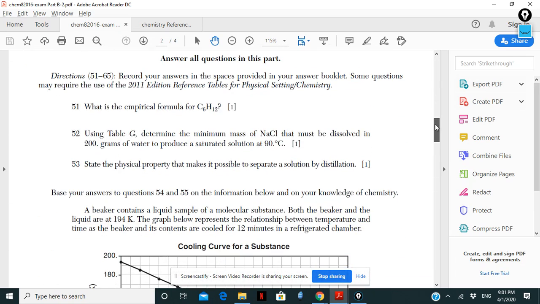So in the first question, 51, he's asking what is the empirical formula for C6H12. We know that empirical formula means I have to simplify the ratio.